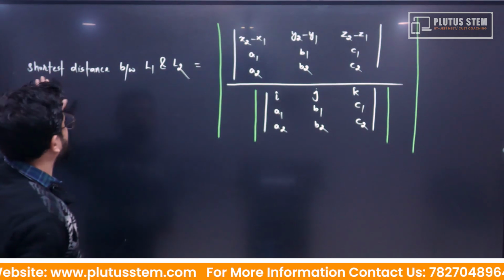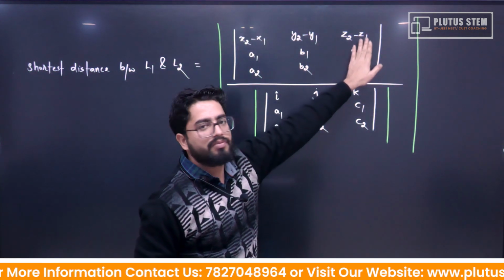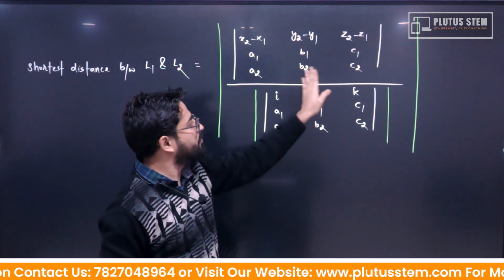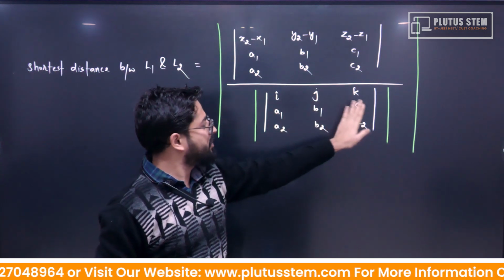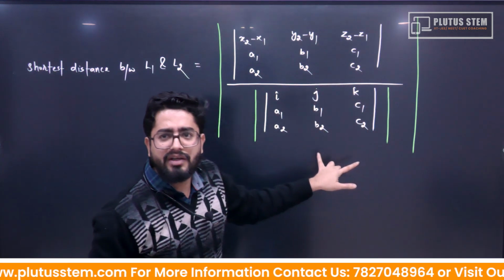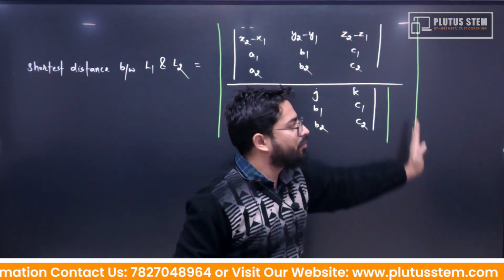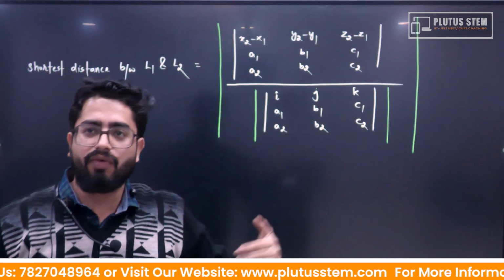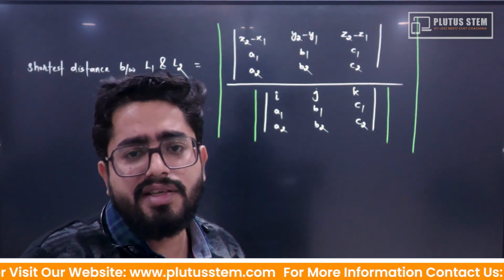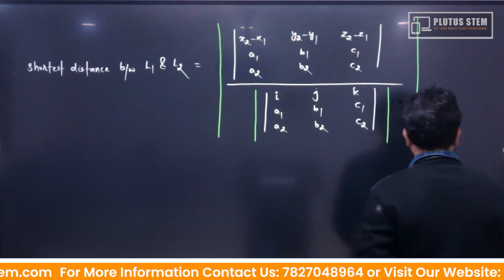So the shortest distance between L1 and L2 is: x2 minus x1, y2 minus y1, z2 minus z1, A1 B1 C1, A2 B2 C2, over i j k, A1 B1 C1, A2 B2 C2. Find this vector, take the magnitude, and then take the whole modulus. Why are we taking it? Because distance is always a positive quantity. So that's the formula. Clear?